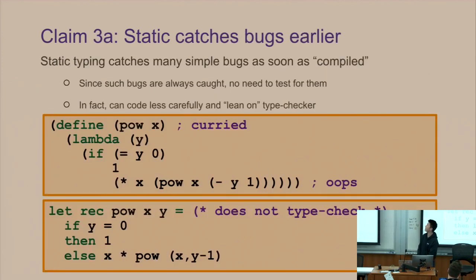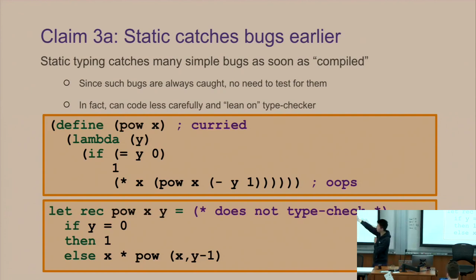Claim 3 favors static typing: static will catch bugs earlier. Let's take a look at the Racket code. This Racket code is defining a power of x, and within it there is a lambda expression, so this power is curried.